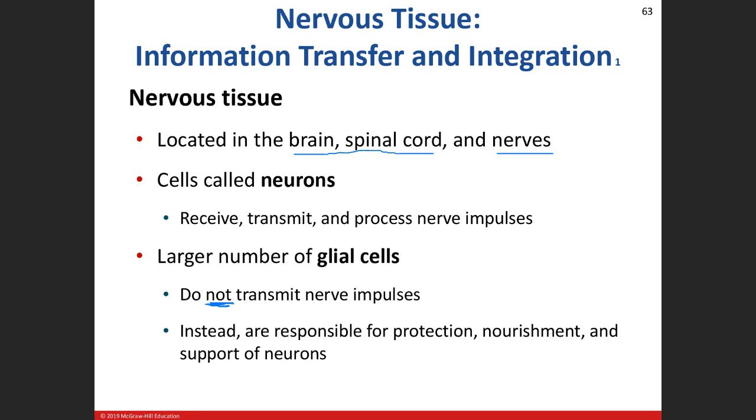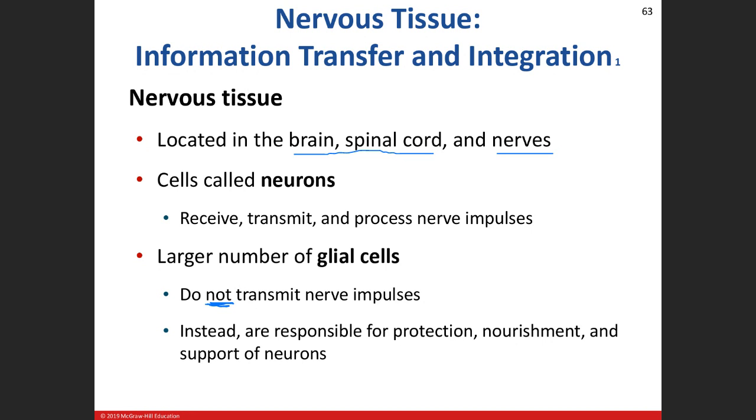They help to protect the neurons from damage, and if neurons do get damaged, these cells help to repair them. They nourish the neurons, so they're kind of like the gopher, bringing nourishment to the neurons, and in some situations they help to support the neurons throughout the body to sustain them.